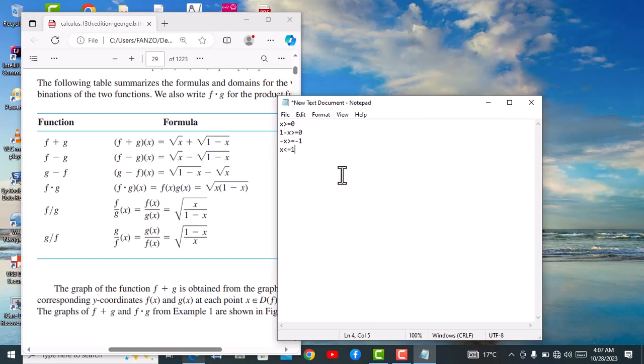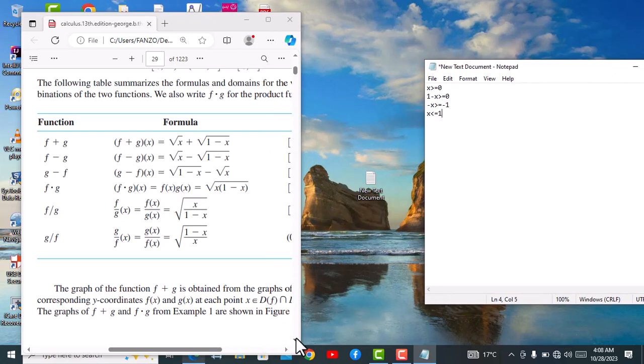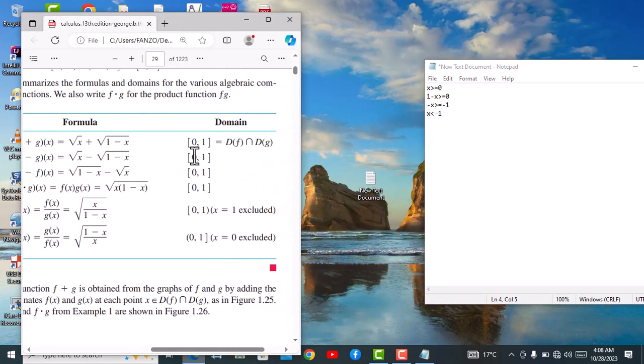Right, so that is fine. So what I have here are the values of x that are greater than 0, I'm moving to the right. Values of x that are less or equal to 1, I'm moving to the left. So you see where that 0 and 1 comes from.